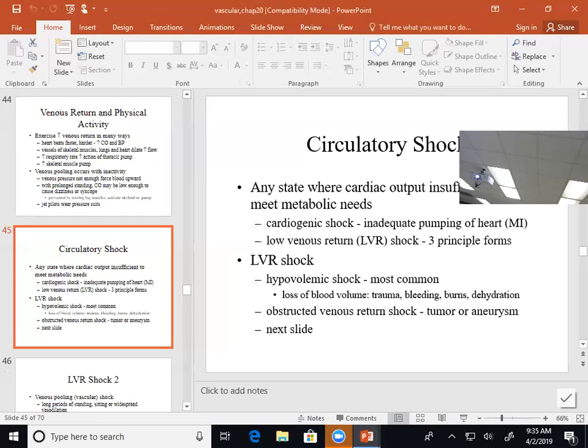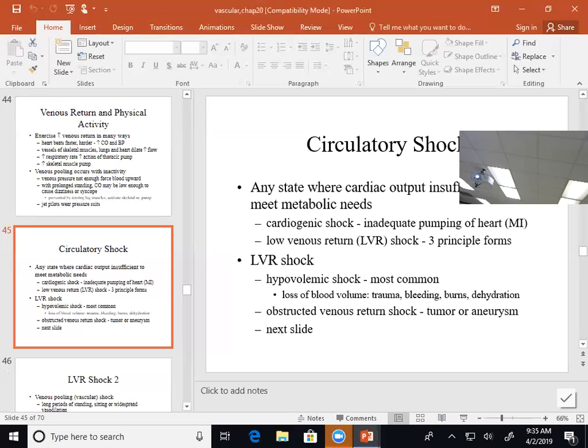Now, obviously, with trauma we can have bleeding, but we can also have bleeding because of gastric ulcers, or there are many different blood conditions that can cause bleeding. So this is hypovolemic. So low blood volume, right? That's what that word would literally mean.